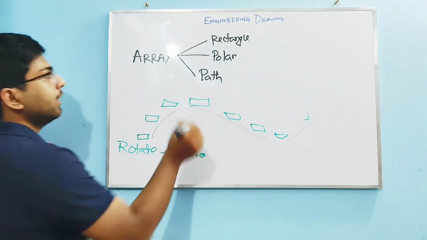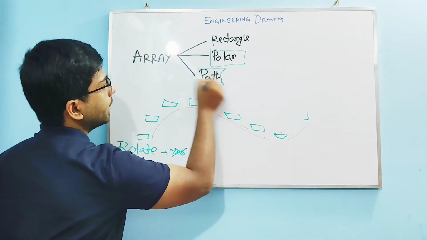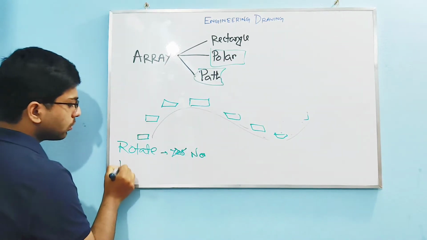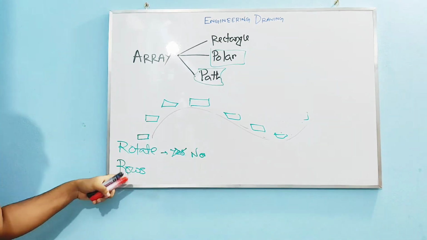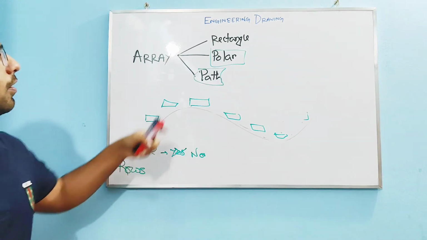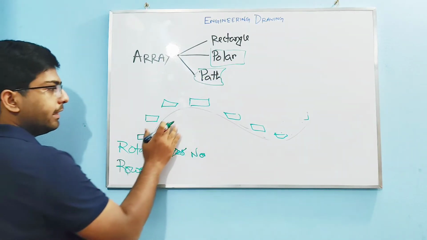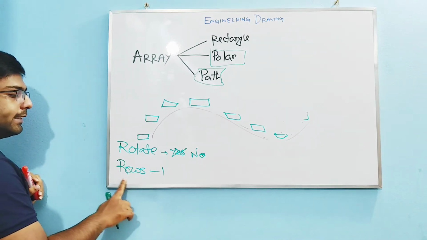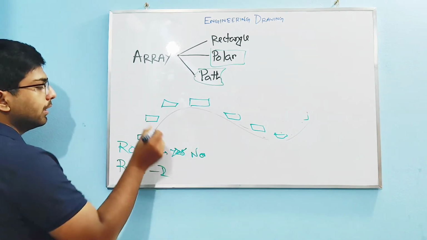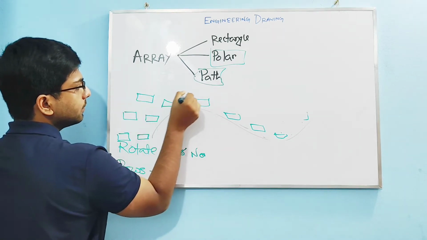And another thing, in the case of polar and path, and that is rows. The rows here mean something different from the rows in the rectangular array. In this diagram, our row is 1. If you select the row equal to 2, then you will get something like this.